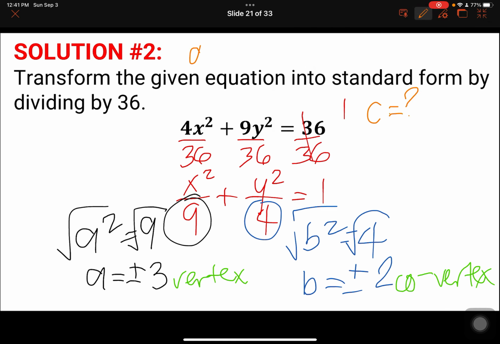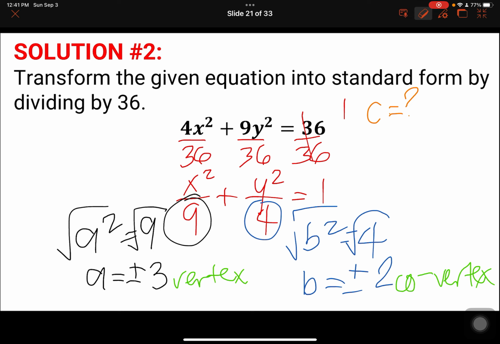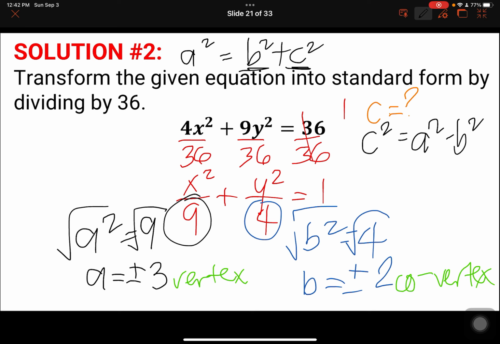A squared is equal to b squared plus c squared. The c is the one we don't have, so we just interchange: c squared is equal to a squared minus b squared.